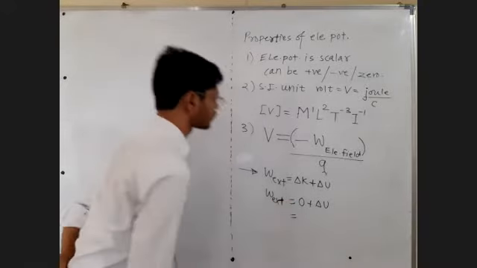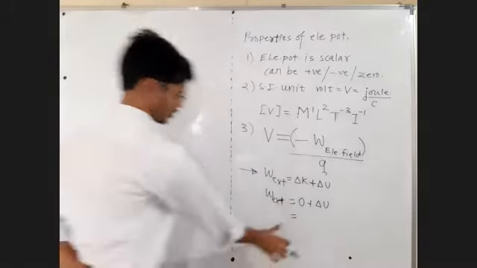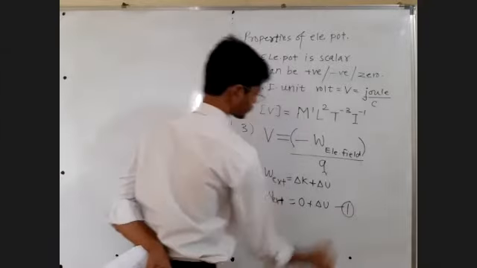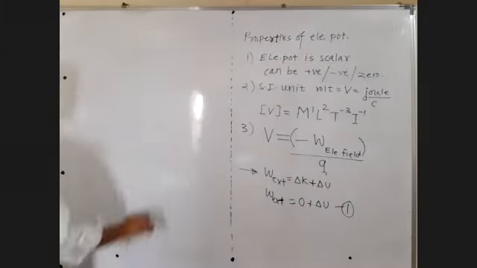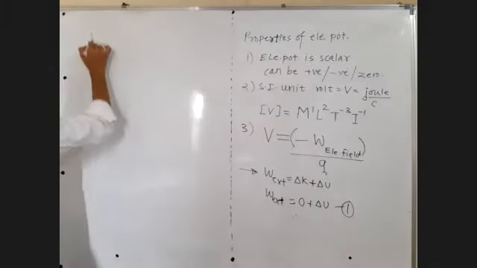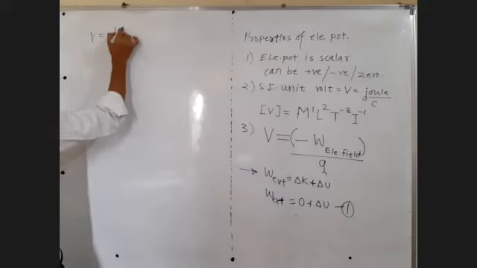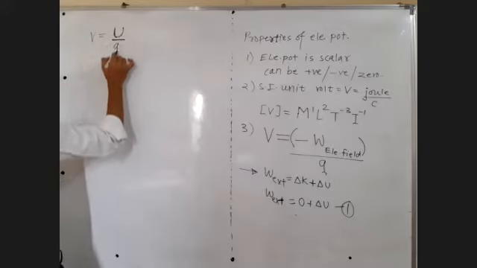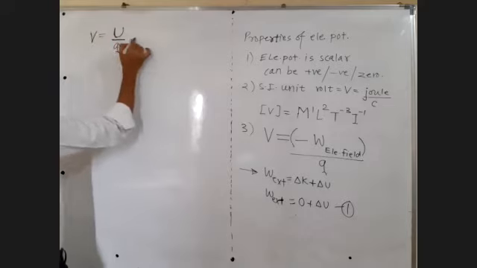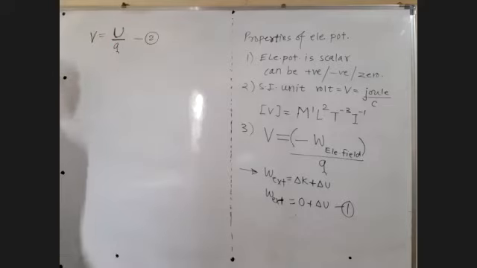Call this equation number 1. Now, what we know is this: U at the given point, divided by Q. Call this the second equation.